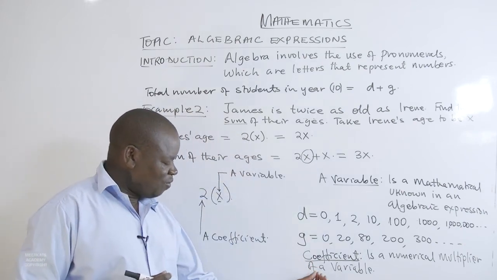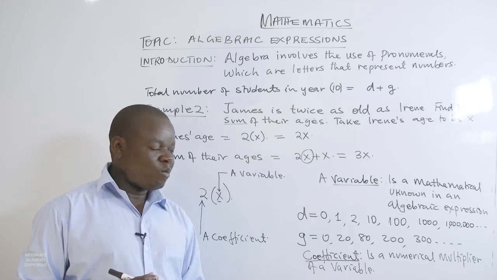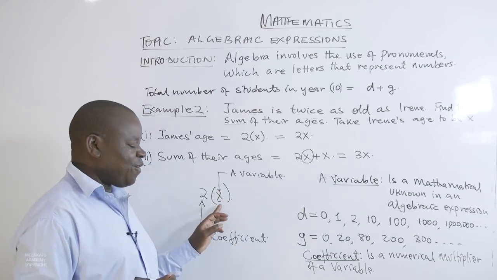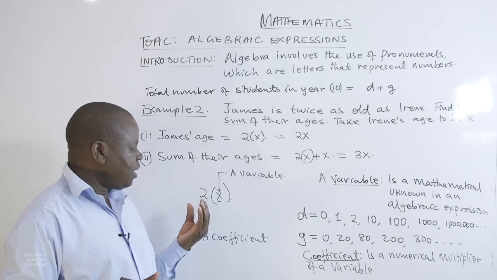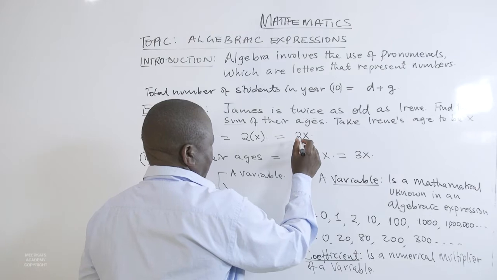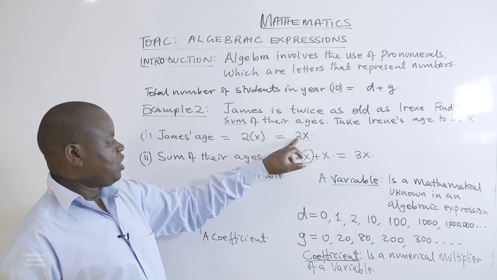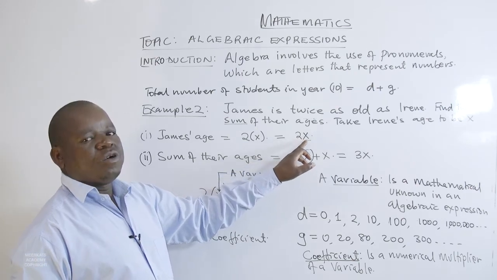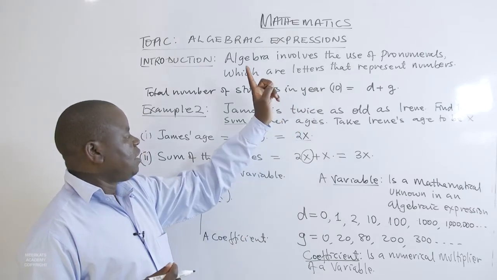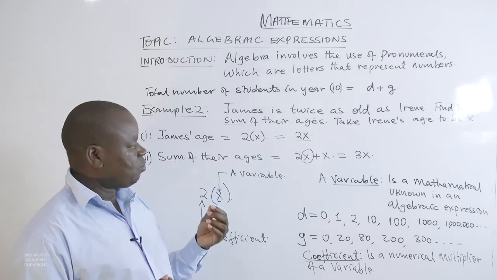So later on, when we look at further problems in algebra, we'll be dealing with coefficients and variables. From today, we shall be referring to such an expression as having a coefficient of 2 and a variable x. Variables are pronumerals that represent unknowns in a mathematical statement.